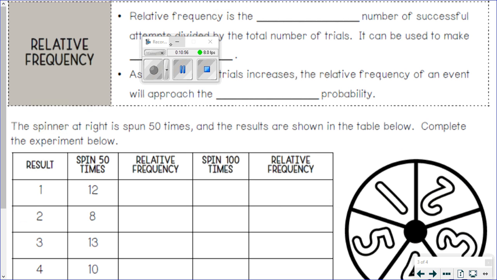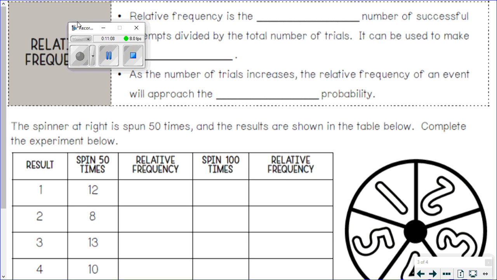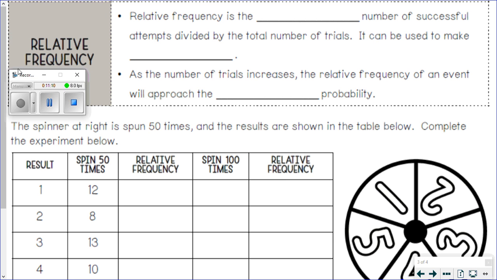All right, so let's look at this relative frequency. So what is relative frequency? Let me move this out of the way here. Relative frequency is the total number of successful attempts divided by the total number of trials.